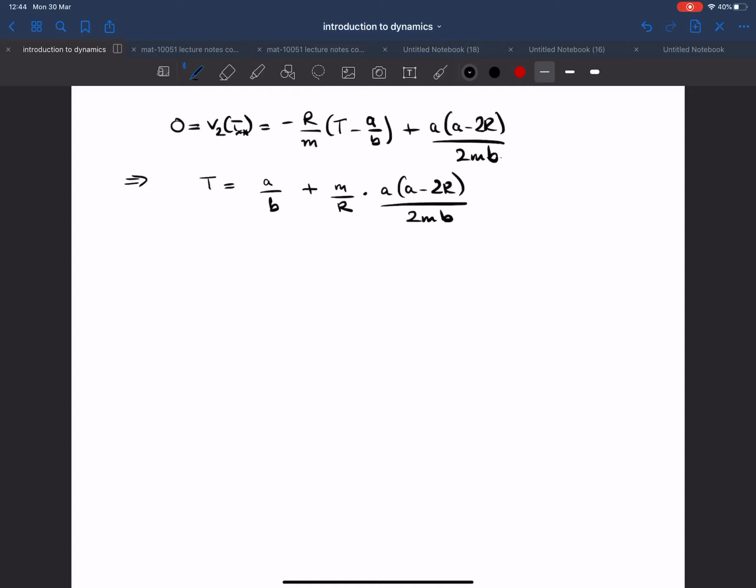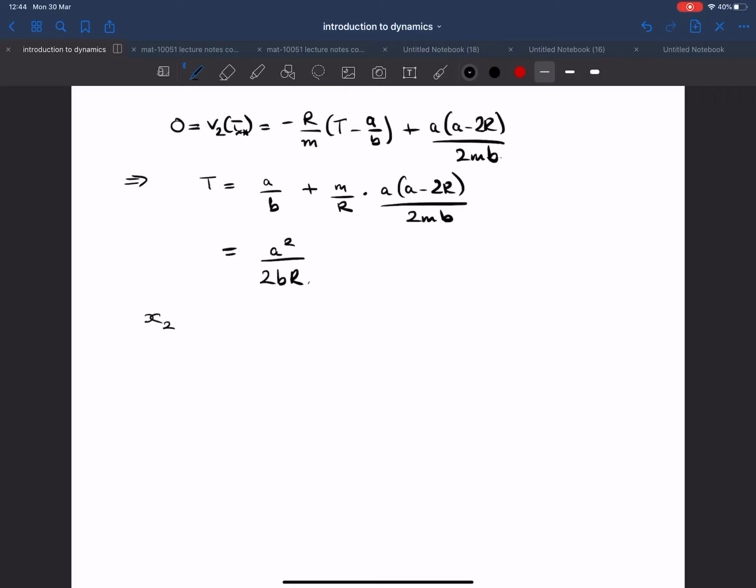Of course, there's going to be some cancellation here with the m's. So, again, I'm just going to go to the machine and work this out quickly. So, a over b, right? Yes. If you combine this together, what you get is a squared over 2bR.